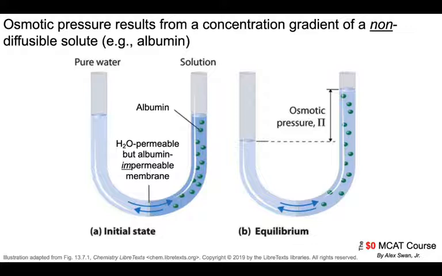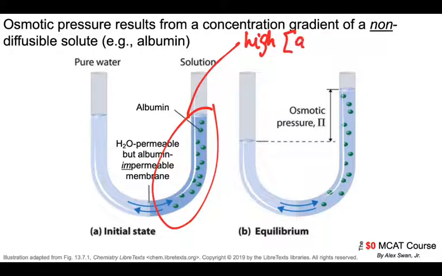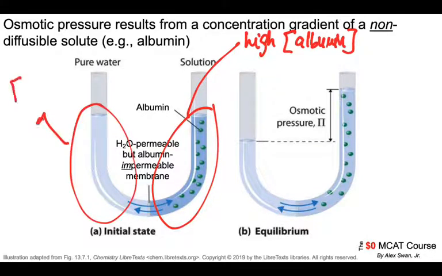What's going to happen, right, is obviously nature wants to exist in equilibrium, in terms of equilibrium concentrations. Here on the right side of this U-tube, we have a high concentration of albumin. Whereas here, the concentration of albumin is in fact 0, because we're taking these green dots to represent albumin.